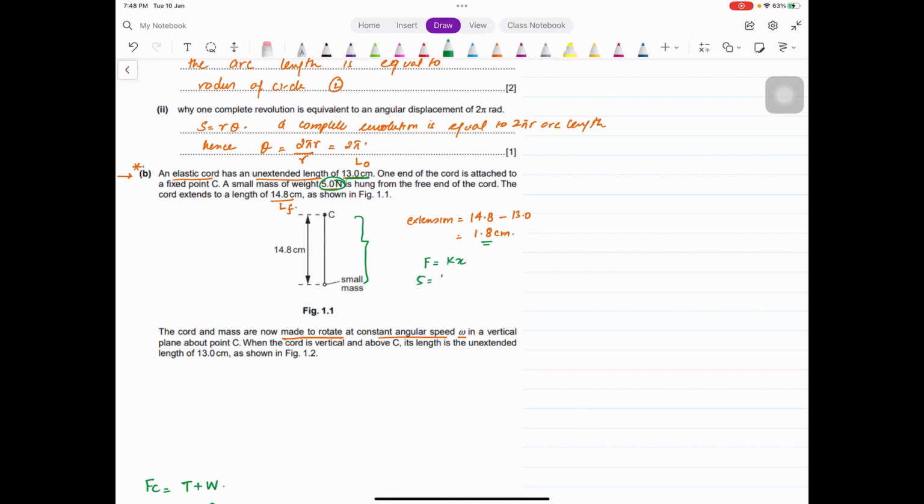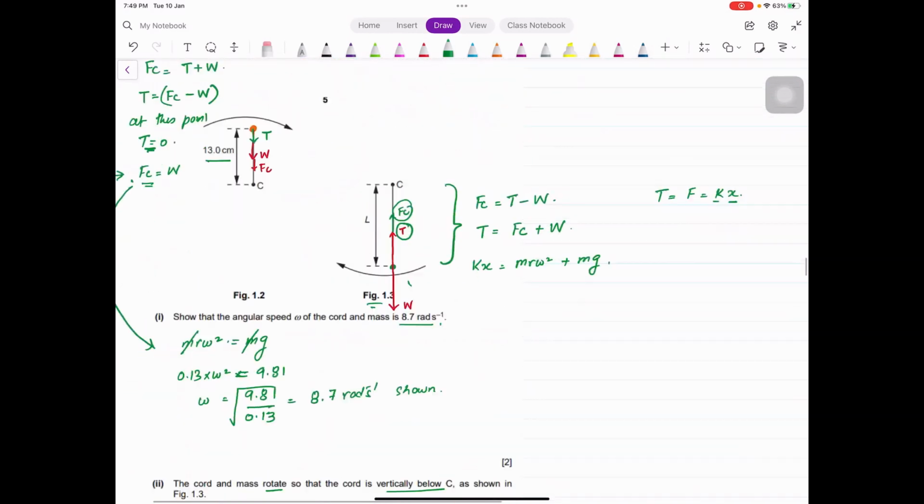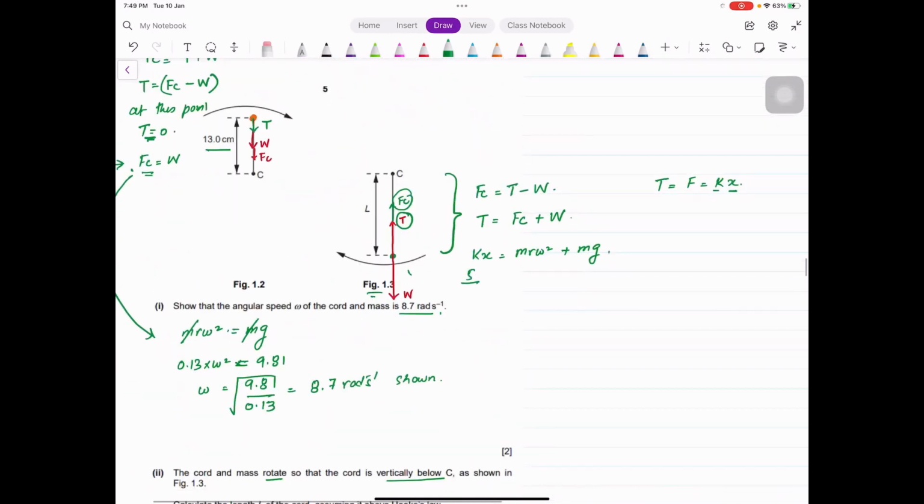F was 5 N, and x I could simply find as 1.8. So my k would be 5 over 1.8 Newton per centimeter. You just need to remember that these are the units we're looking at.